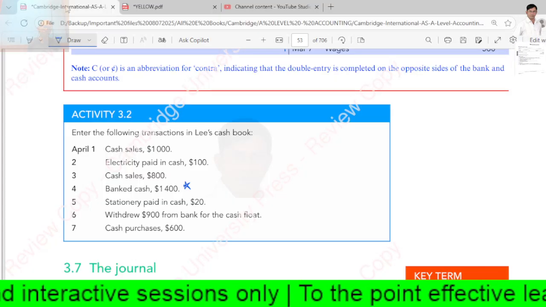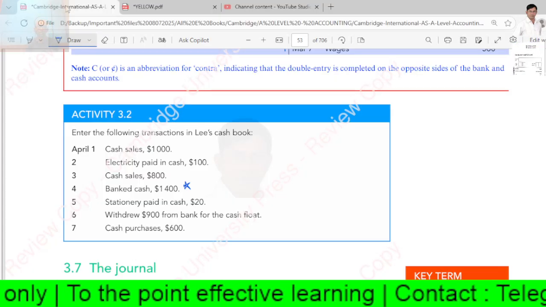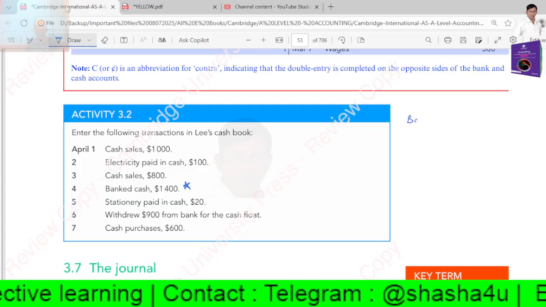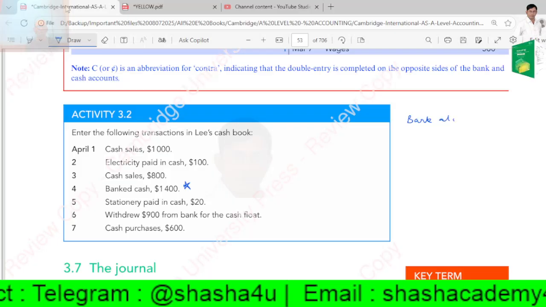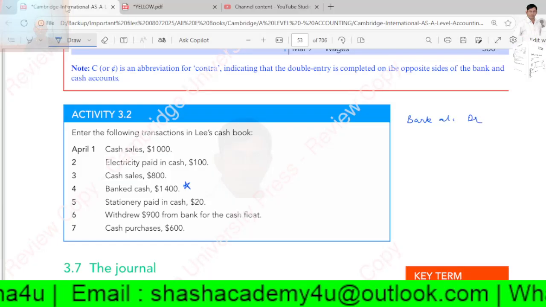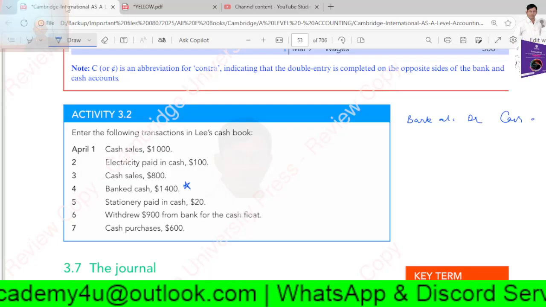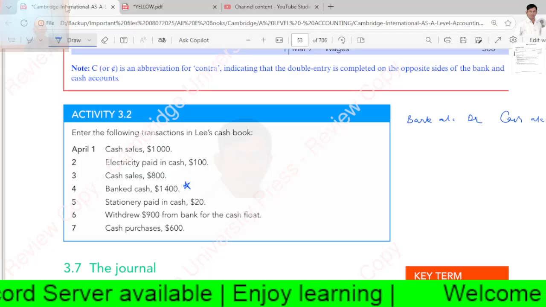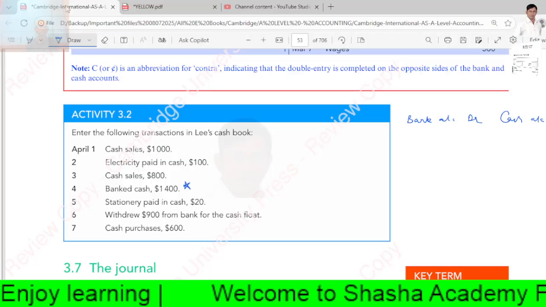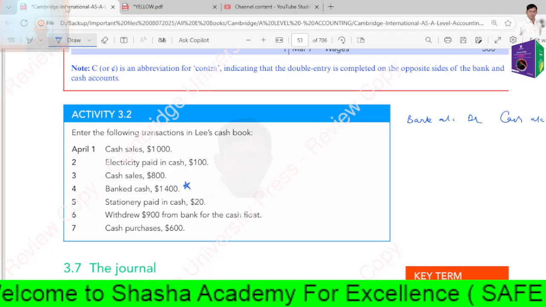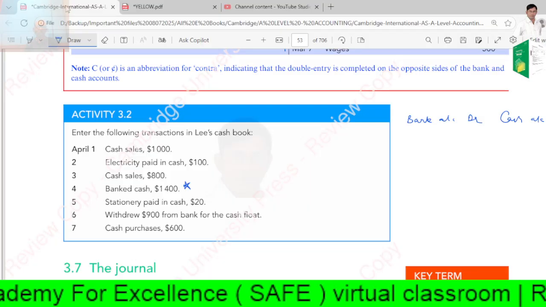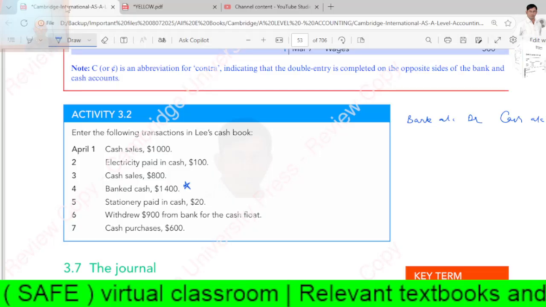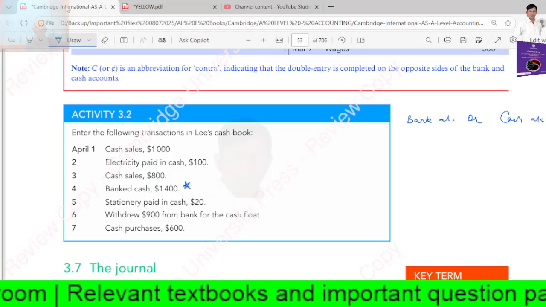Banked cash means you are depositing money in the bank. So bank account will be debited. Cash account will be credited. Banked cash means we are depositing cash into the bank.